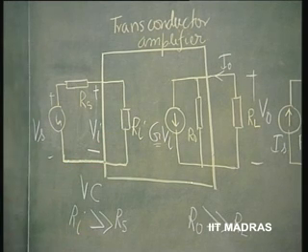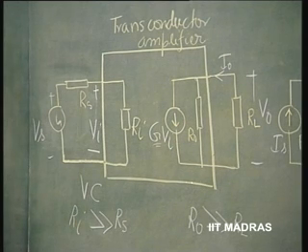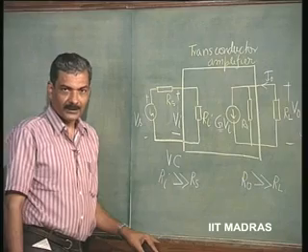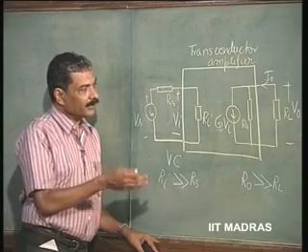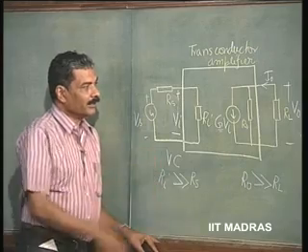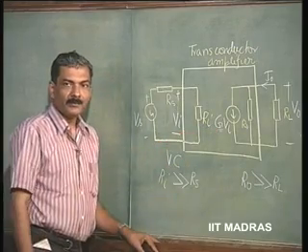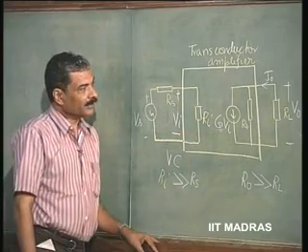We can see that a transconductor amplifier is pretty close to a practical field effect transistor amplifier, where field effect transistors are traditionally voltage controlled devices, and the transconductance gm, small gm as it is known, is what is important as a parameter for a field effect transistor.